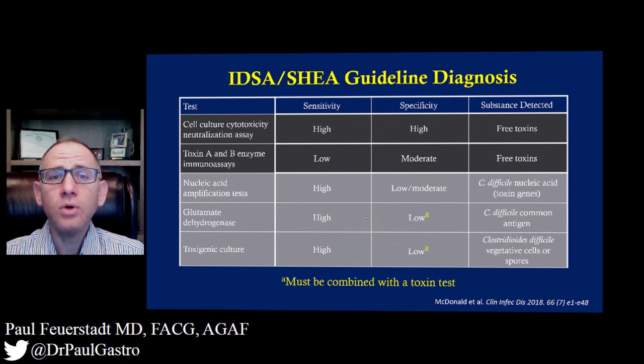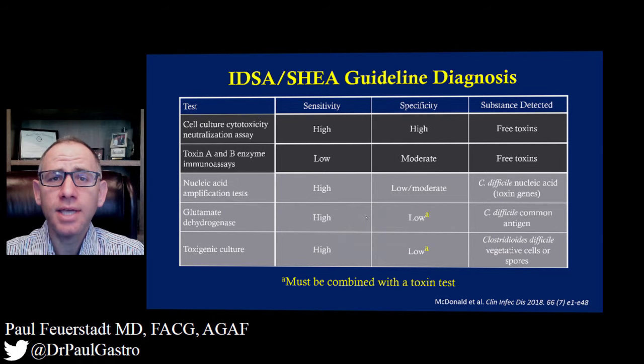The tests that are most commonly used by practitioners are either a combination of something called the enzyme-linked immunoassay and the GDH assay, or glutamate dehydrogenase assay, or the polymerase chain reaction, or the PCR. Let's first focus on the combination test.